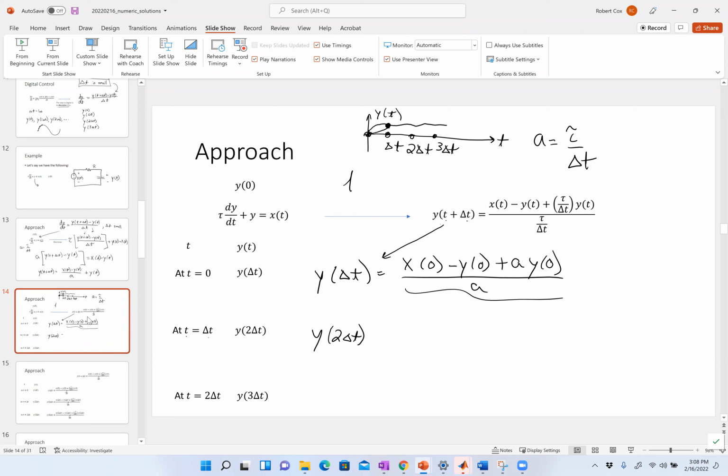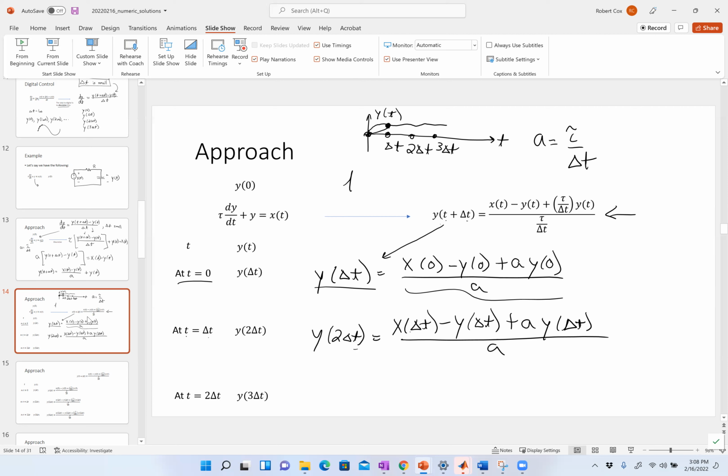I substitute delta t into there, so I say x of delta t minus y of delta t plus a times y of delta t, all divided by a. The important thing was that at t equal to 0, I calculated the value of y at delta t.